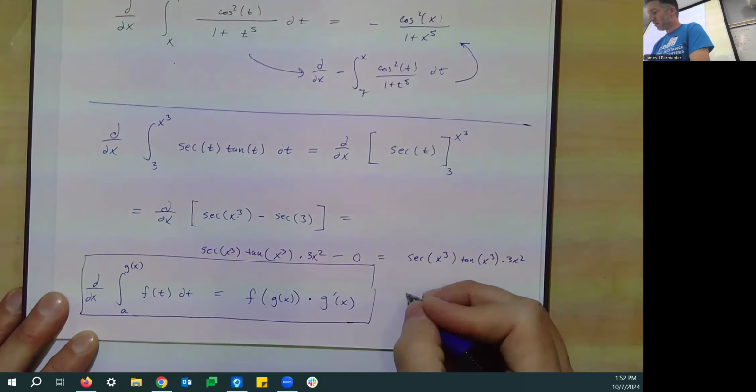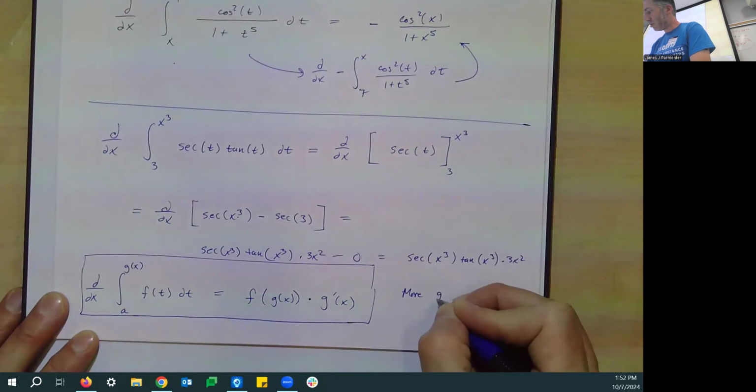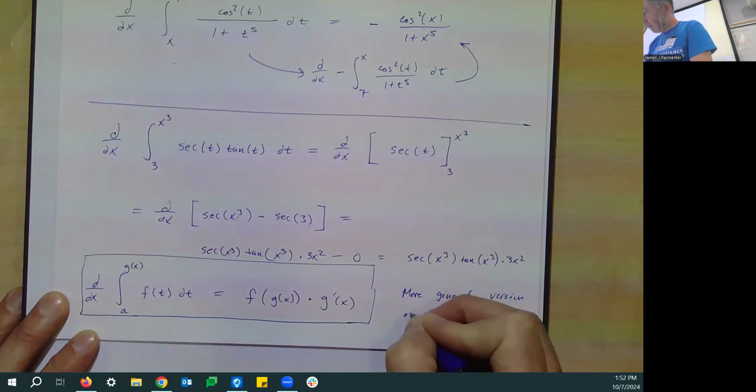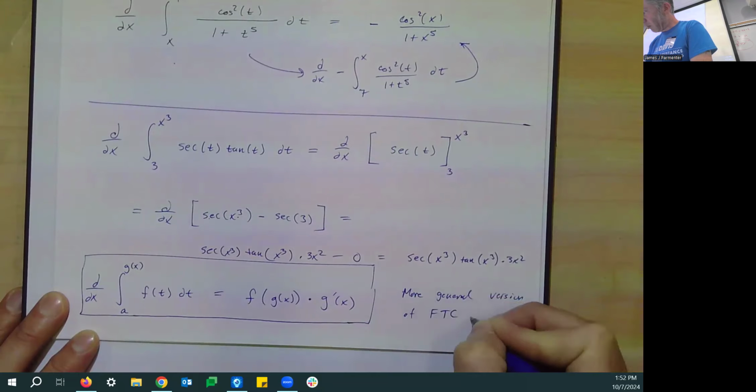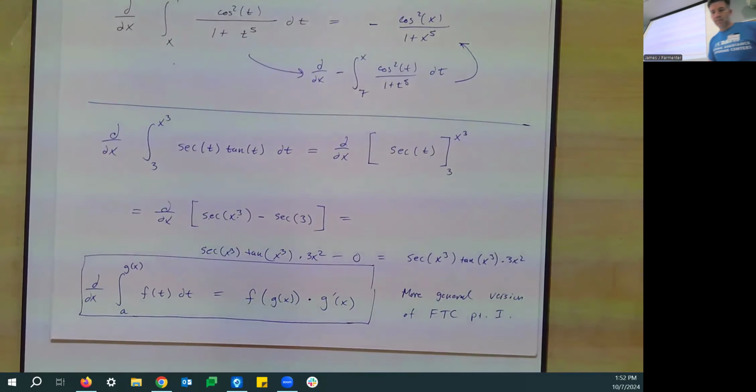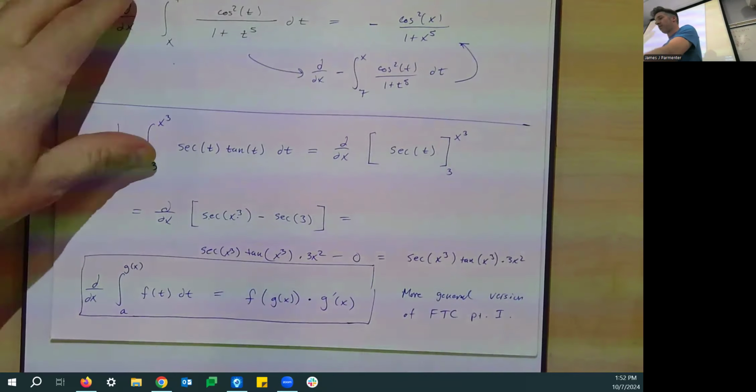That's the more general version of the fundamental theorem of calculus, part 1. Let me give an example, and I'll try and pause.